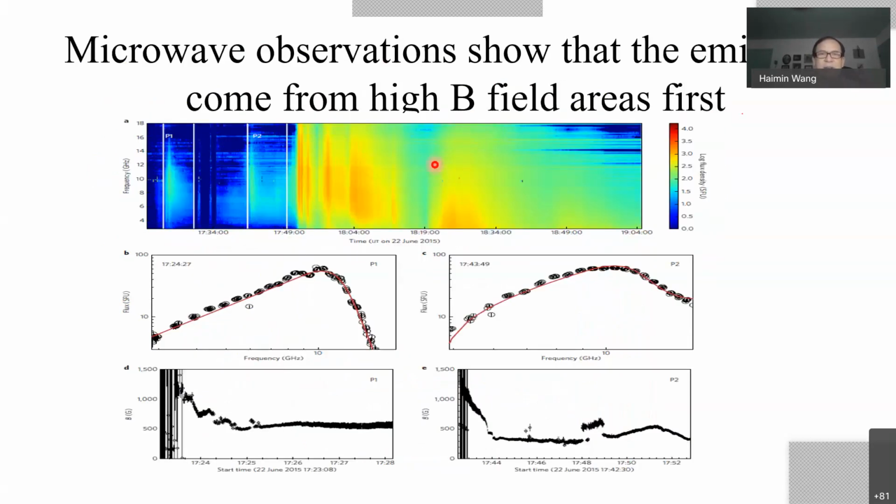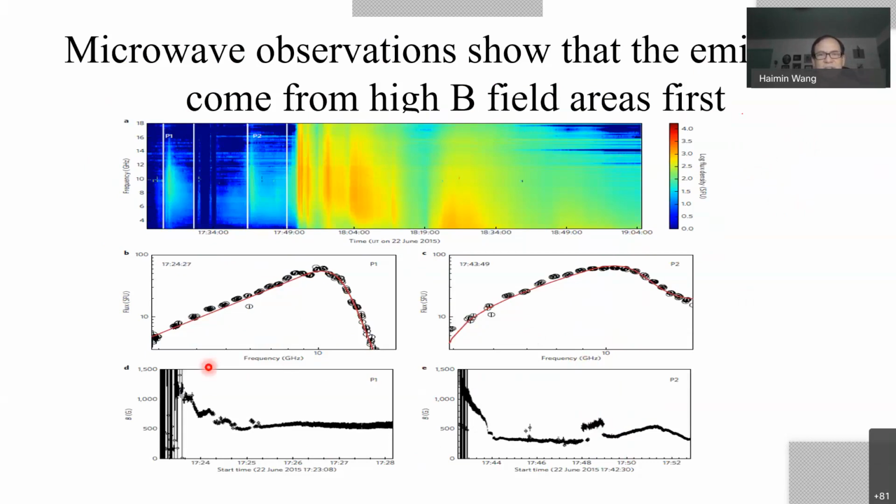Okay, and we are also using the expanded Owens Valley Solar Array. At that time, for the observation, we did not have imaging capability. So now the EOVSA can do imaging spectroscopy.